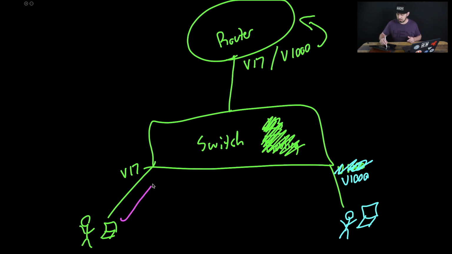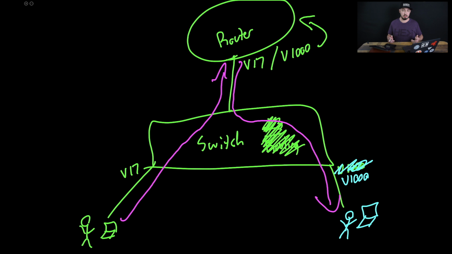This guy talks, it goes up to the switch, forwards it to the router, does a routing lookup, just like the switch did when it was enabled for layer 3. And it sends the packet back to the switch and out to our guy down here on VLAN 1000. So that is ultimately how we would route between VLANs.